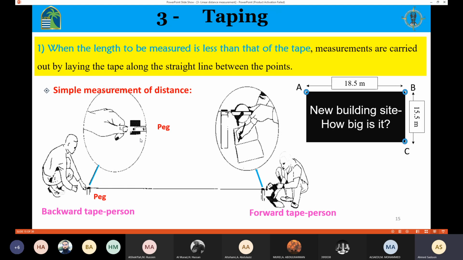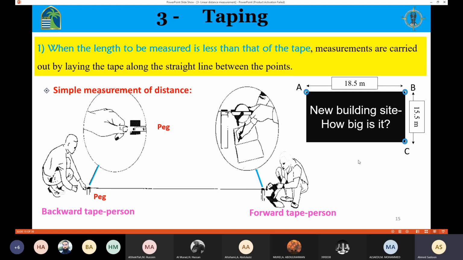If you have a pick here, we should have 0, and the forward tape person is going to take the reading here. So for the first case, when the length to be measured is less than that of the tape, the procedure is very simple.